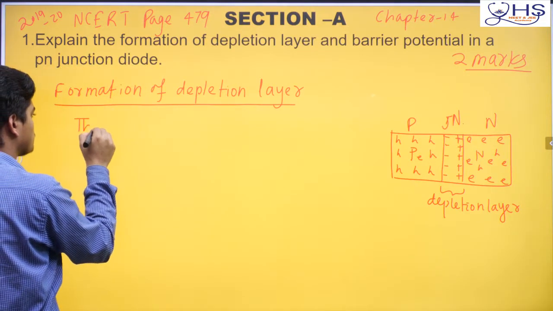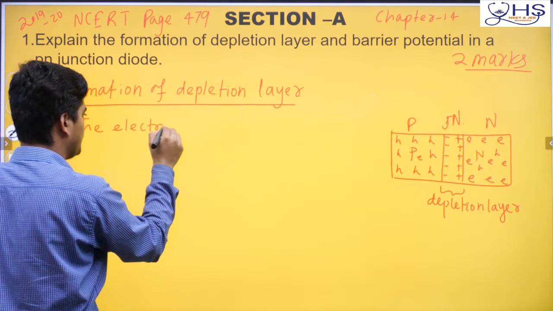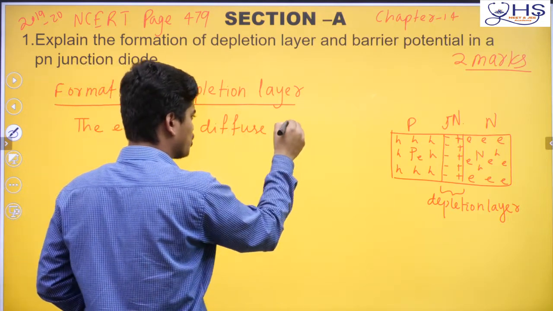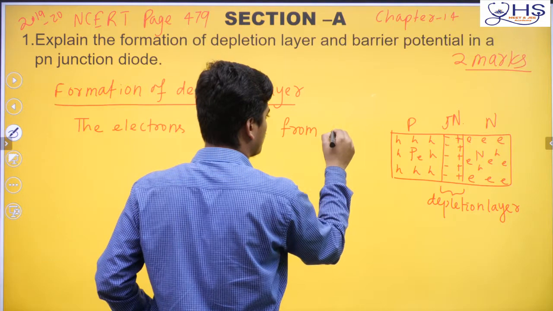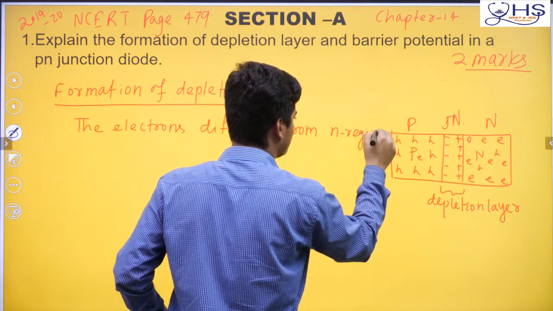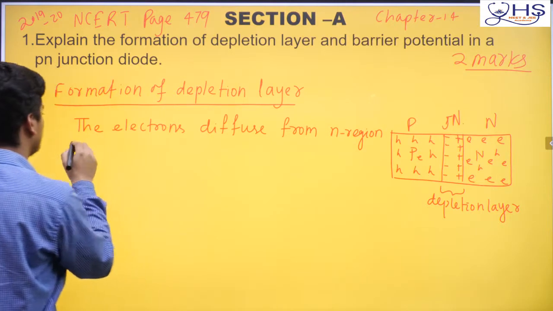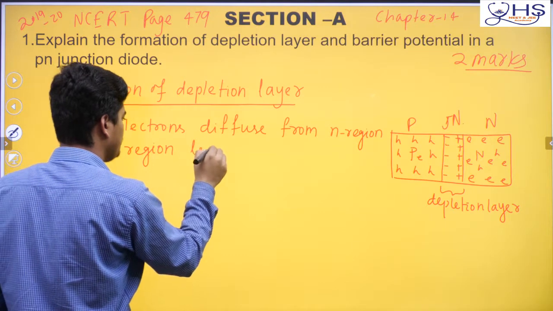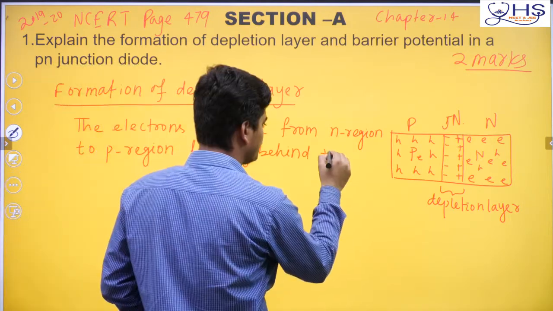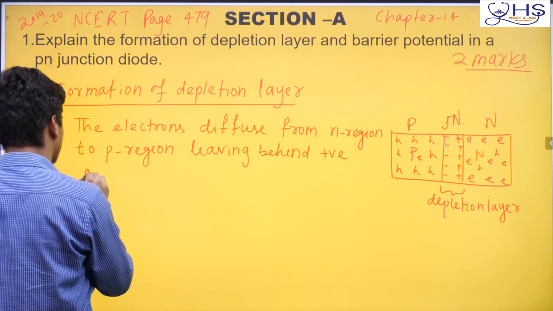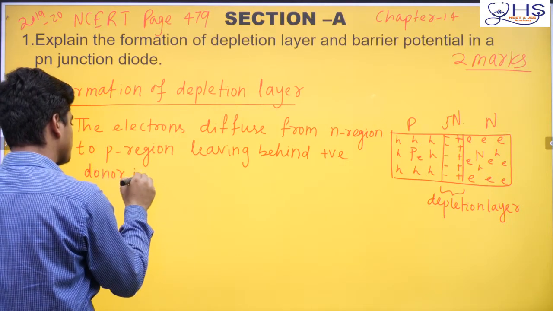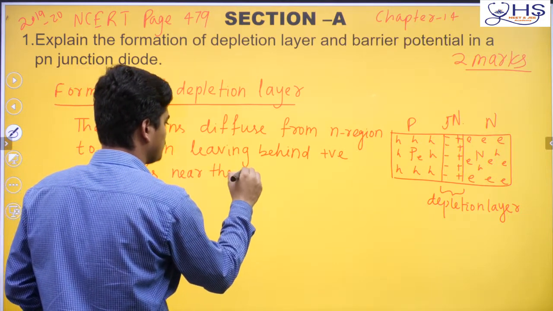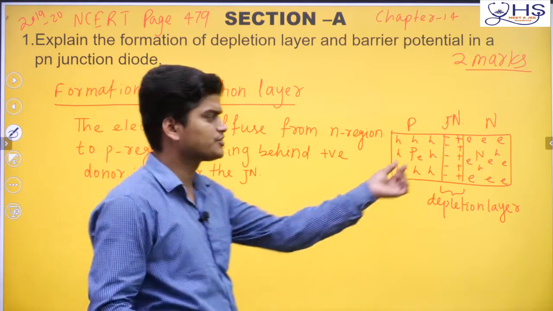The electrons diffuse from the n region, or n side, to the p region, leaving positive donor ions near the junction. Junction means PN junction, you can write.